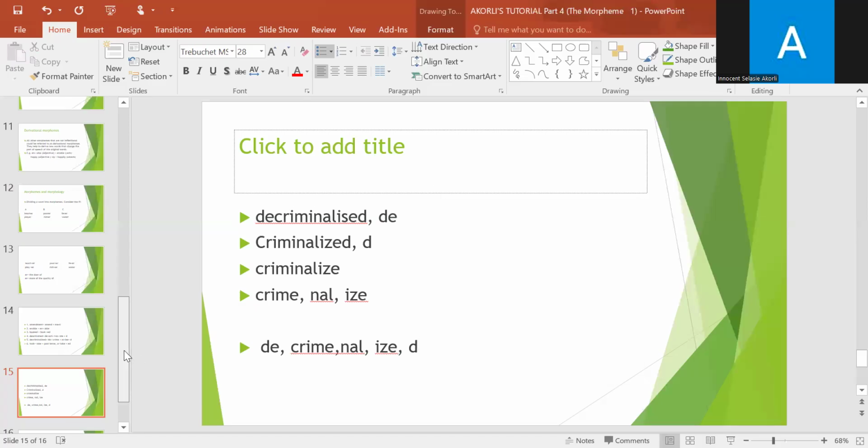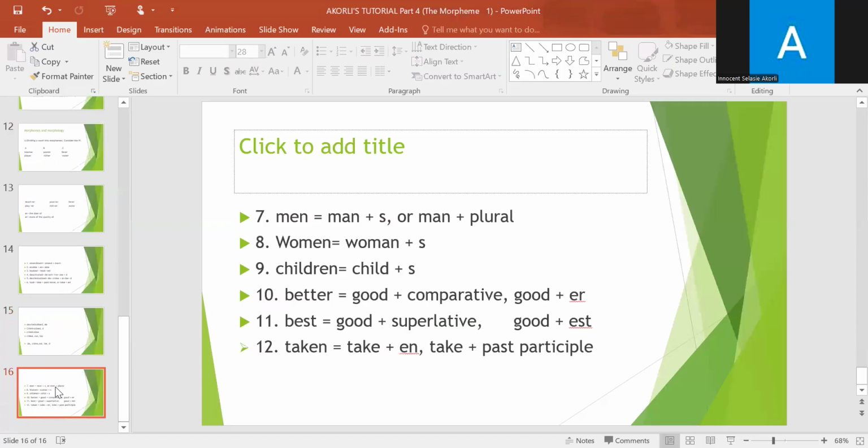Then let's look at some other examples which are not regular. For example, when you have men, it should be man plus s or man plus plural. If you have women, women should not be wo plus men, no. It's woman plus s, or you can also say woman plus plural. Children should not be child plus ren, no. It should be child plus s or child plus plural.